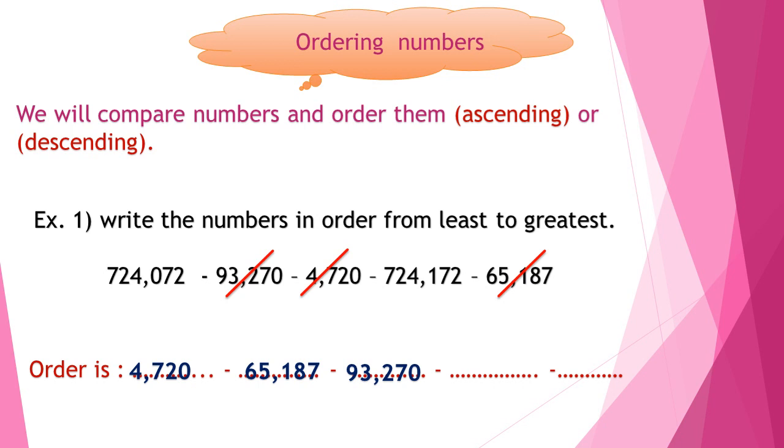We have two numbers with 6 digits, 724,072 and 724,172. Then which is the smallest? We have here 724,000. Also we have here 724,000. We have here 0 in hundreds, but we have here 1 in hundreds.